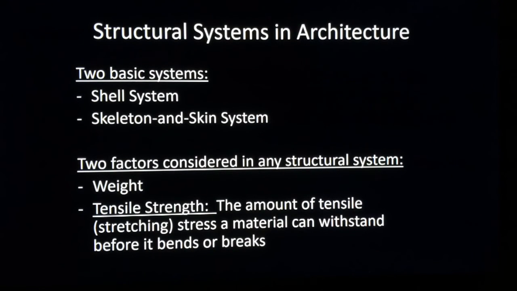And we also did a lot of discussion about the weight of material, especially if we're talking about the shell system, stacking and piling, and load-bearing construction, that the weight of the stone that you're using governed the types of forms that you could make.